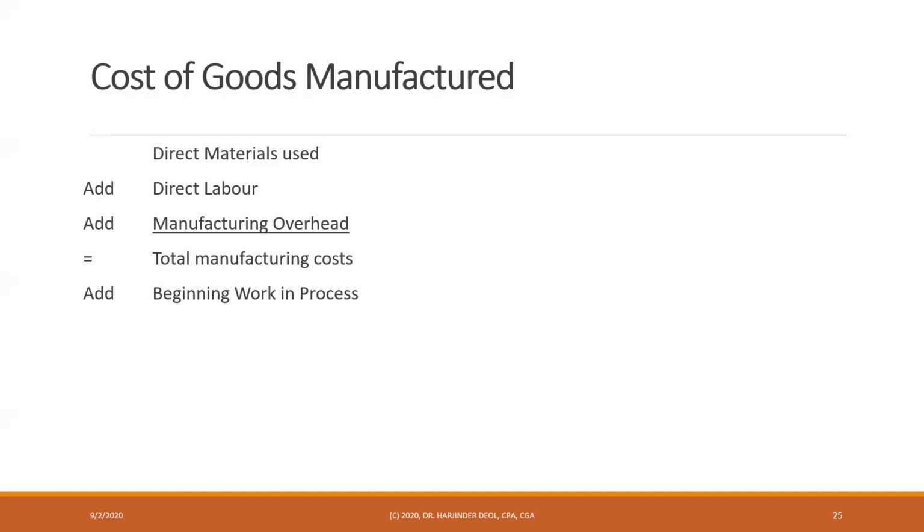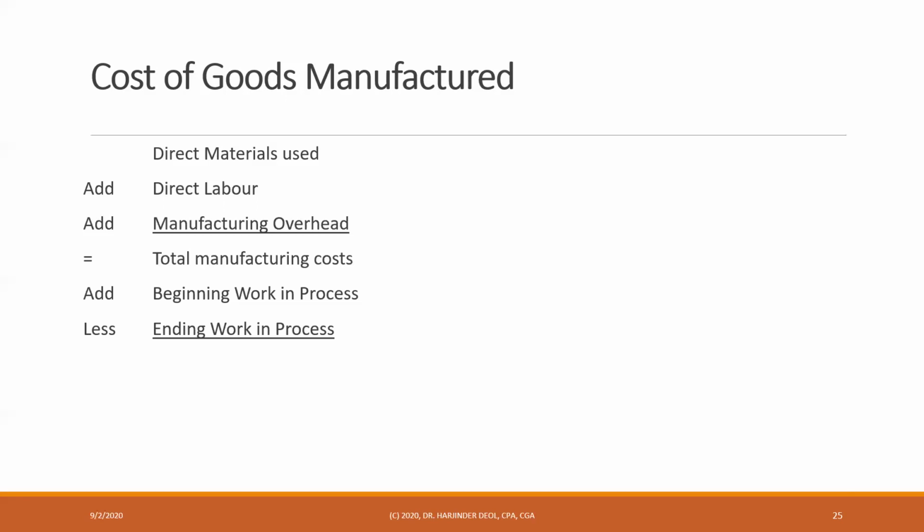Similarly, part of the total manufacturing costs incurred in the current period relate to the costs of the goods that still remained in work in process at the end of the period. Now, because these goods are not completed, we need to subtract the cost of ending work in process from the total manufacturing costs.